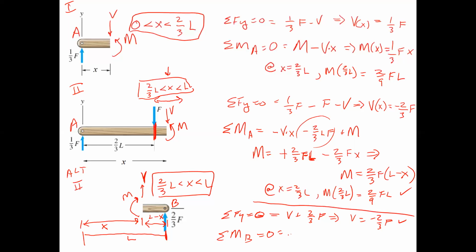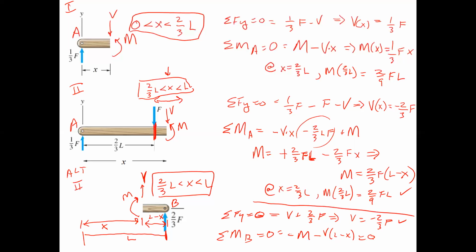Minus M. Yeah, or minus V times L minus X, right? Any other moments? 2/3 F times B? B is a point, not a distance, right? Yeah, that's it. That's all there is.